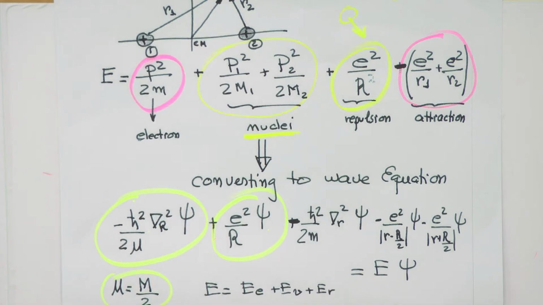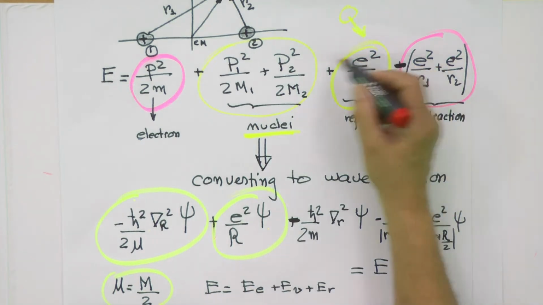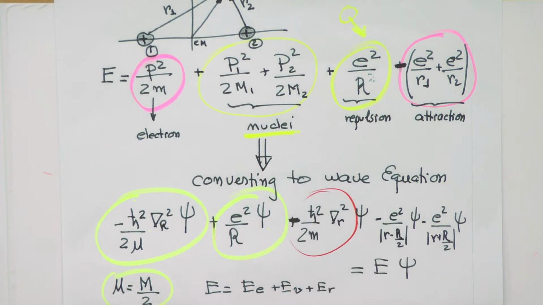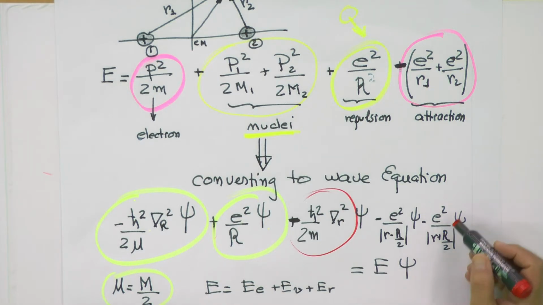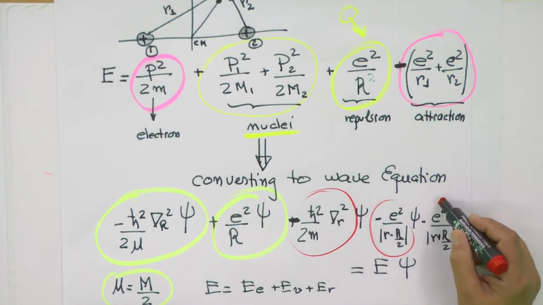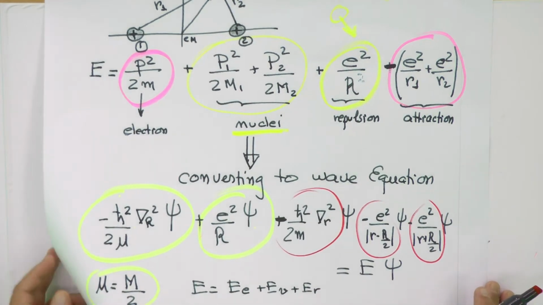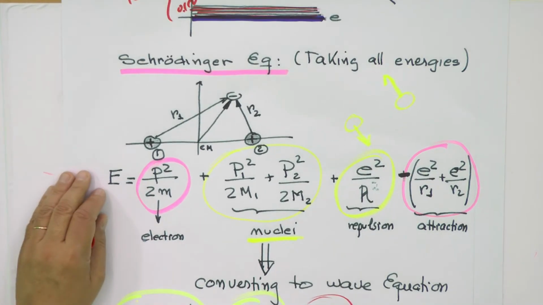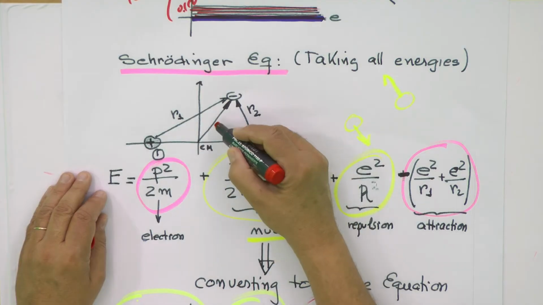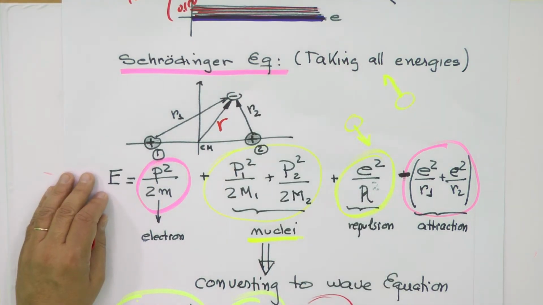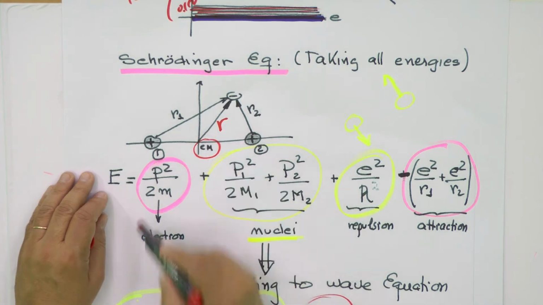Now I have to add here the kinetic energy of the electron, which is this part. Here is the kinetic energy of the electron, and the interaction of the electron with the two nuclei. Of course, the electron is here, so we call R the overall position of the electron with respect to the center of mass.